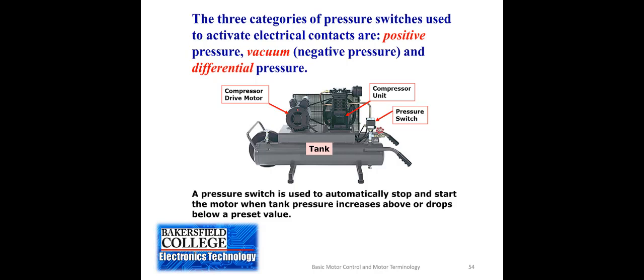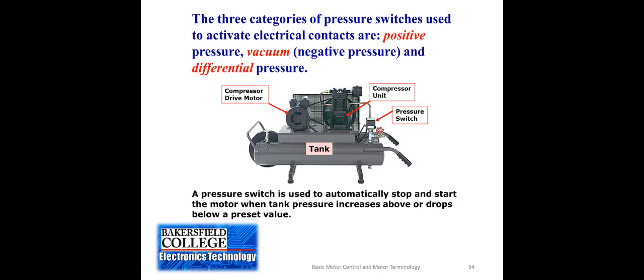When the filter starts clogging, there is more and more of a pressure drop because of the filter. When there is enough difference between the pressure going into the filter and the pressure coming out of the filter, then the differential pressure switch will either close a set of contacts or open a set of contacts.